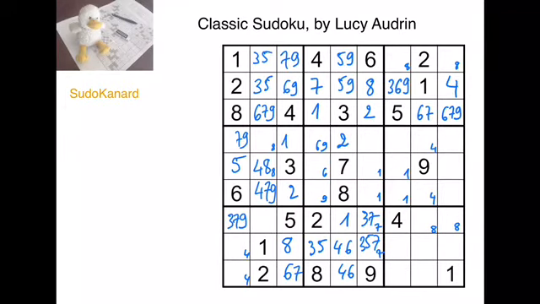What do we need next? Well, there's nothing really jumping. This is 3, 6 or 7.